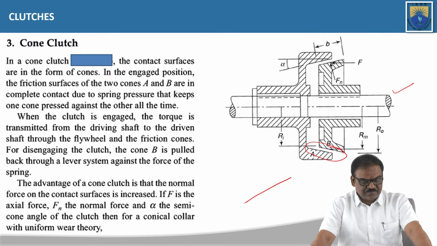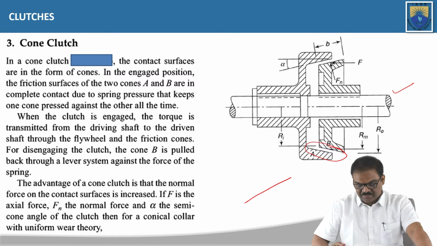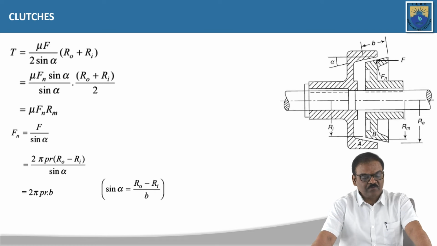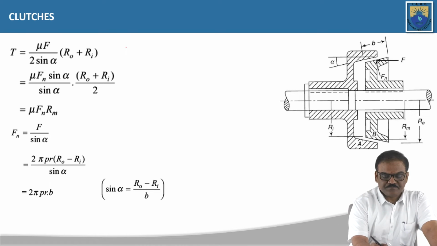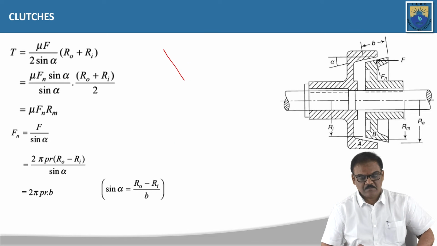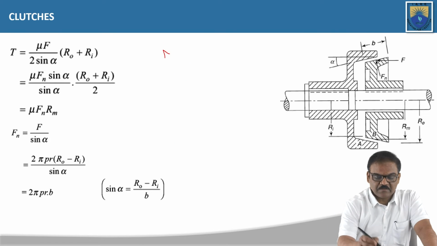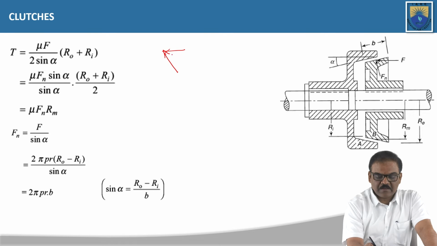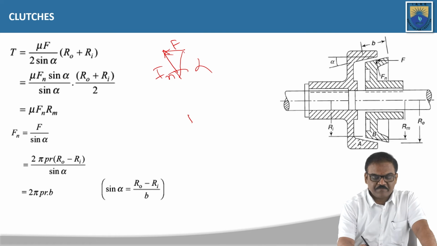If F is the axial force, Fn the normal force, and alpha is the semi-cone angle of the clutch, then for a conical collar with uniform wear theory, T is equal to, as we know, this is the normal force and this is the axial force, and this is the semi-cone angle, Fn and F. Therefore, Fn is equal to F by sin alpha.